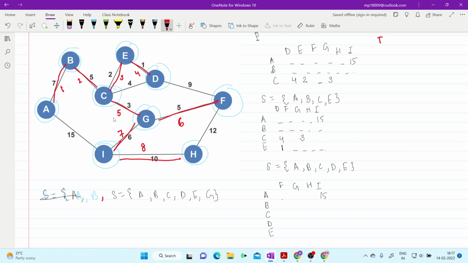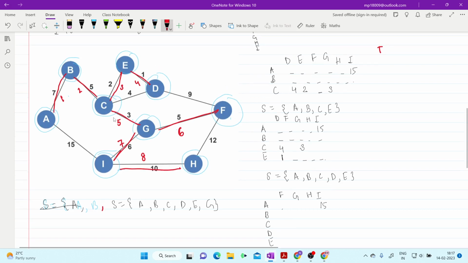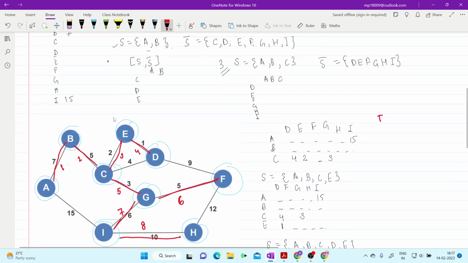This is relatively a small graph. Suppose you have a graph with many edges, then applying Kruskal's algorithm will be difficult, right? If it is a large enough graph, then this algorithm is more efficient. Okay, ma'am. Thank you.